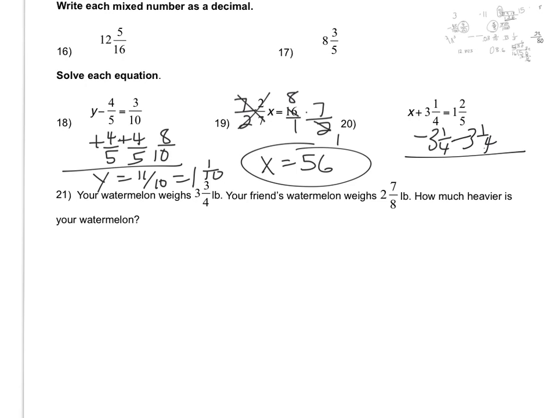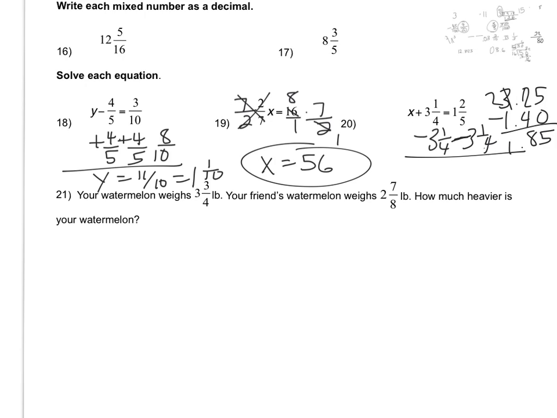But another thing you could do is take 3 1/4, which is 3.25, take away 1 2/5, which is 1.4, and you get 1.85. But there's more negatives because you're subtracting the 3 1/4.